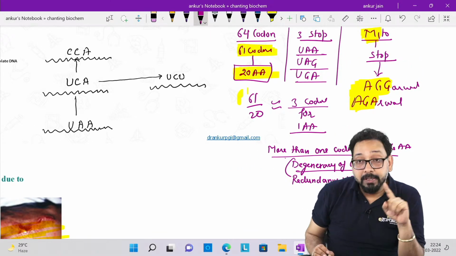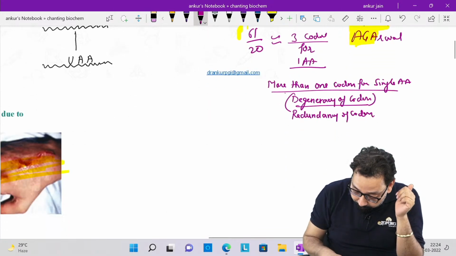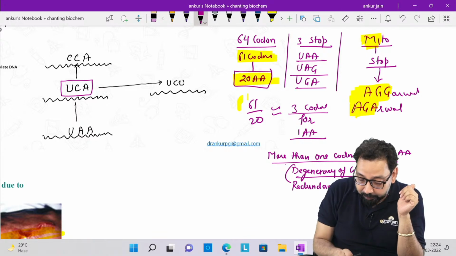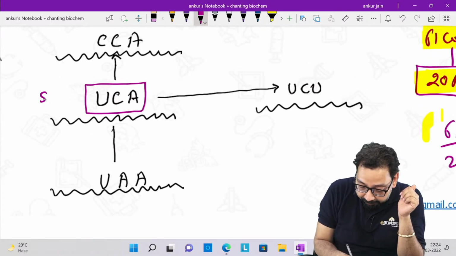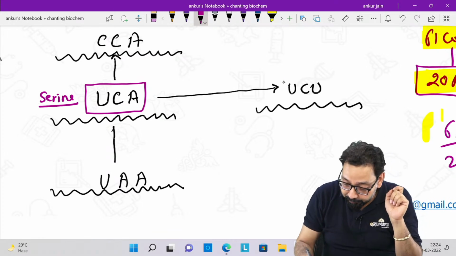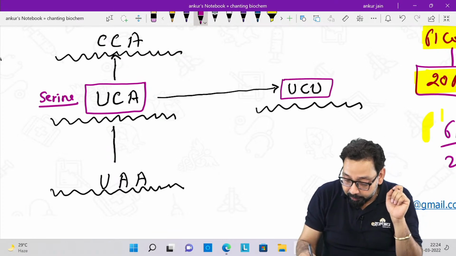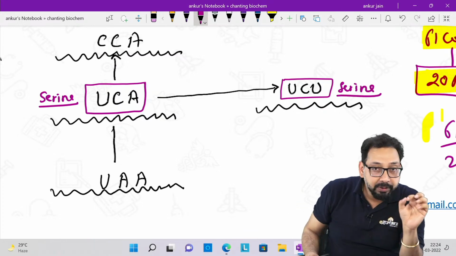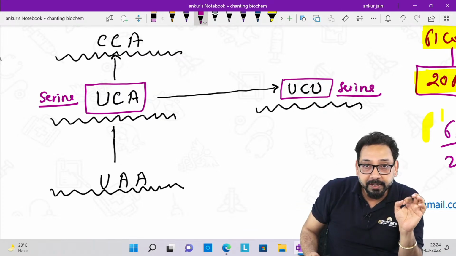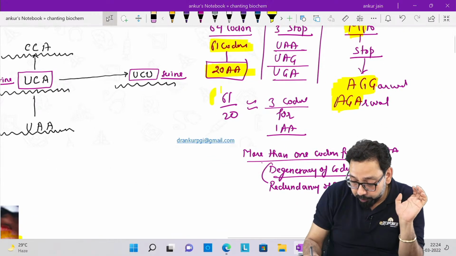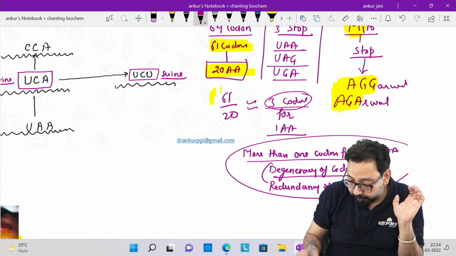Recently asked question. If I say UCA is a codon coding for serine, UCU again code for serine, UCU code for serine, UCA code for serine. Is it possible? Yes, I told you more than 1 codon for single amino acid.